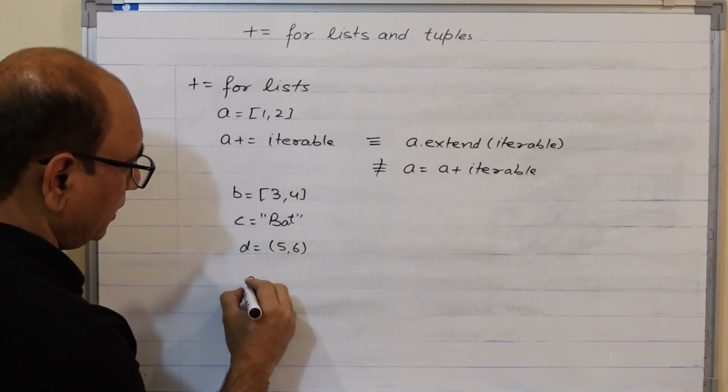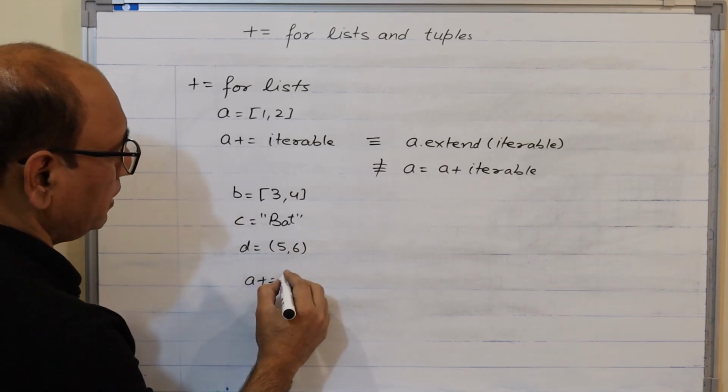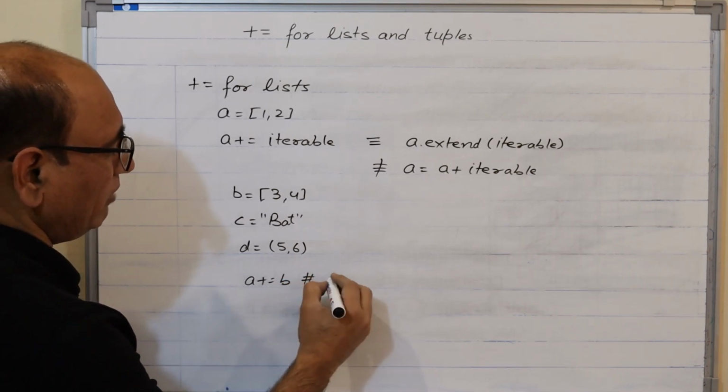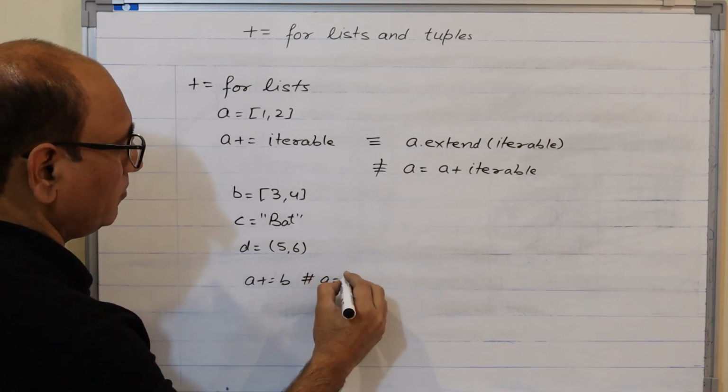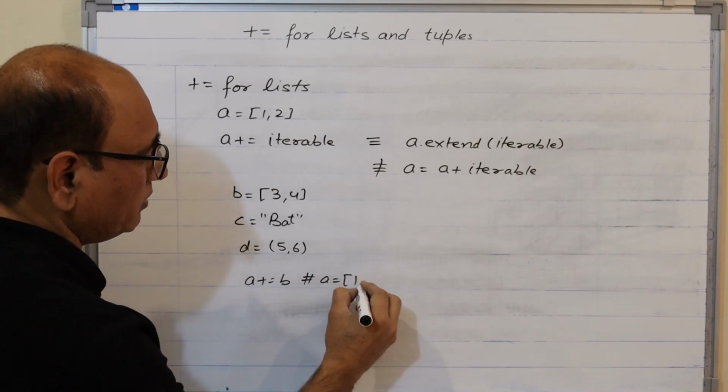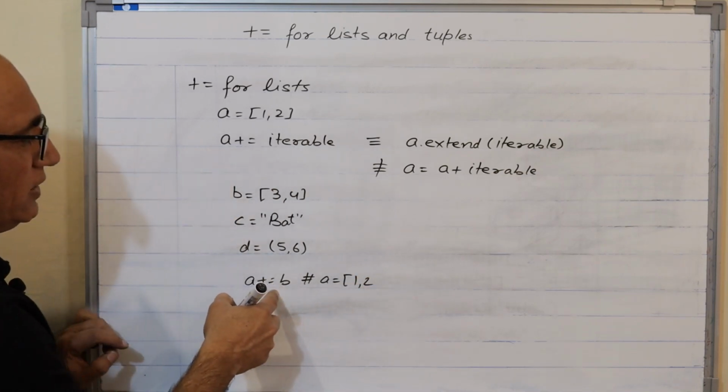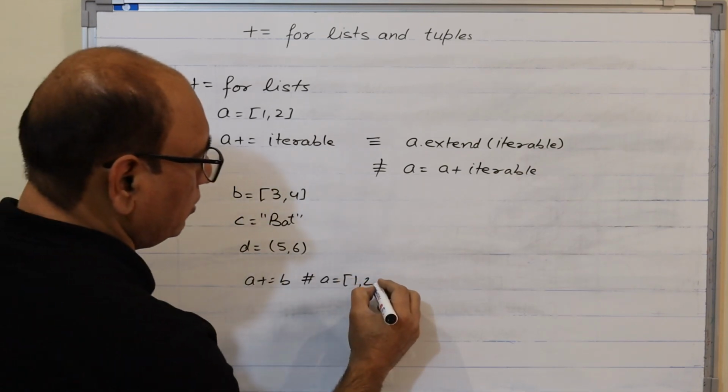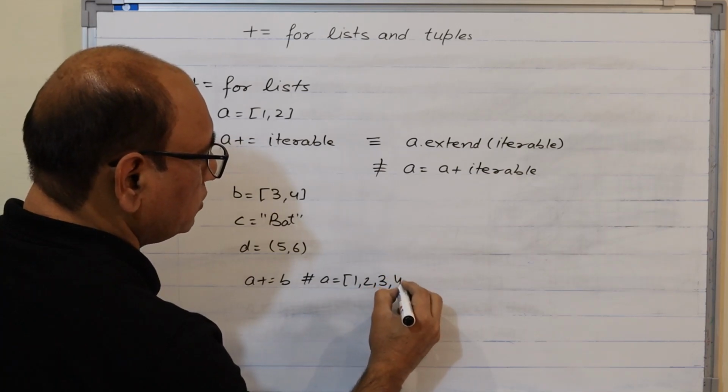Now if I say A plus equal to B, then A will become, it already contains the elements 1 and 2. Now it will contain the elements of B also. Now A becomes 1, 2, 3, 4.